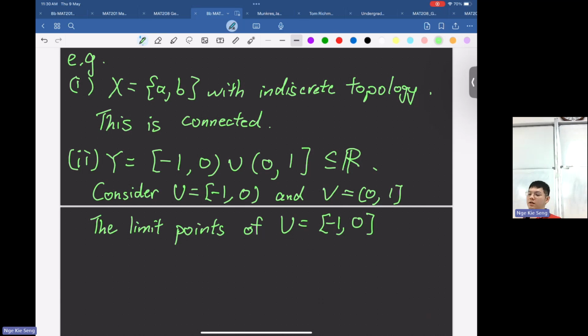Similarly for V, you have everything from 0 up to 1. If you're not sure why this is true, I suggest you go and prove it, using the definition of limit point. Okay. What else?